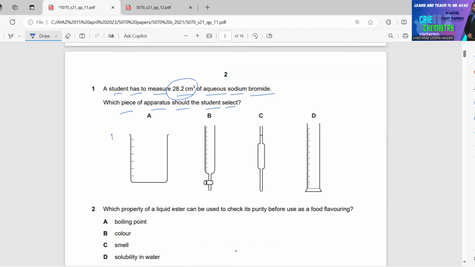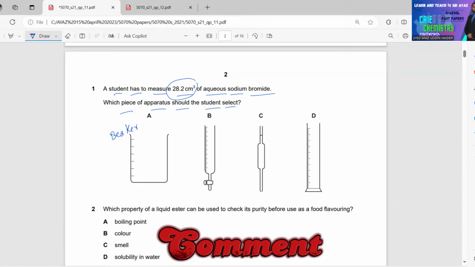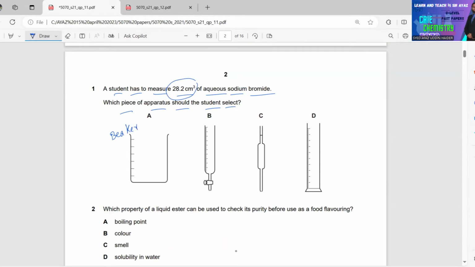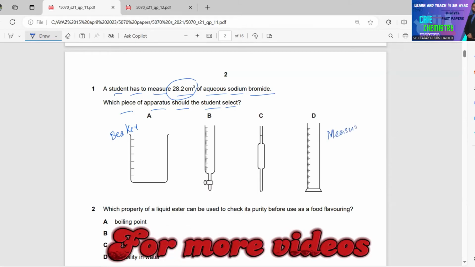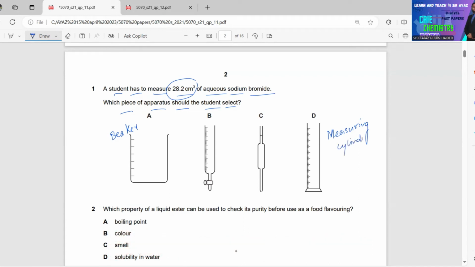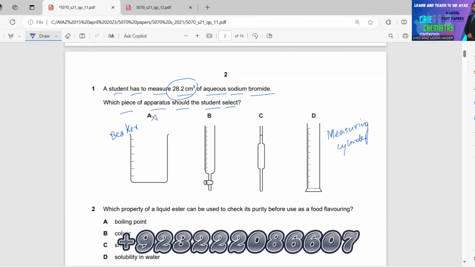A is the beaker. You can't take beaker for this volume. Neither you can use measuring cylinder. This is measuring cylinder. So both choice A and D is incorrect.